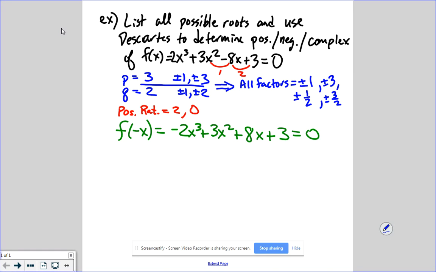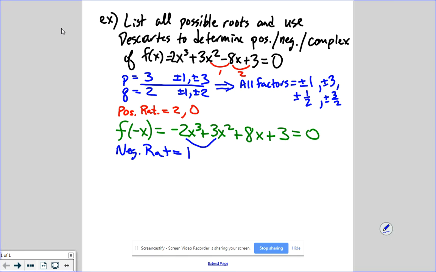So there's only one sign change in f of negative x. So that tells us negative rational roots, there's 1.